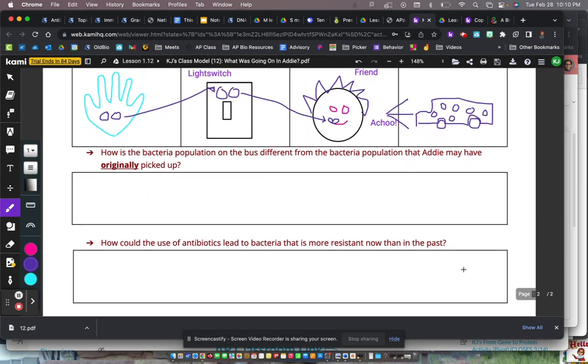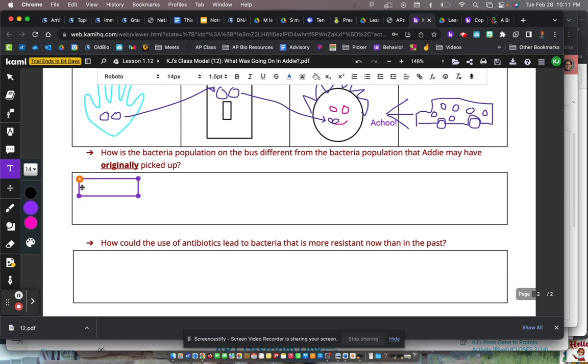Okay, so then the question here says, how is the bacteria population on the bus different from the bacteria population that Addie may have originally picked up? Well, if you remember, Addie's original bacteria was only 25% resistant in my little example.